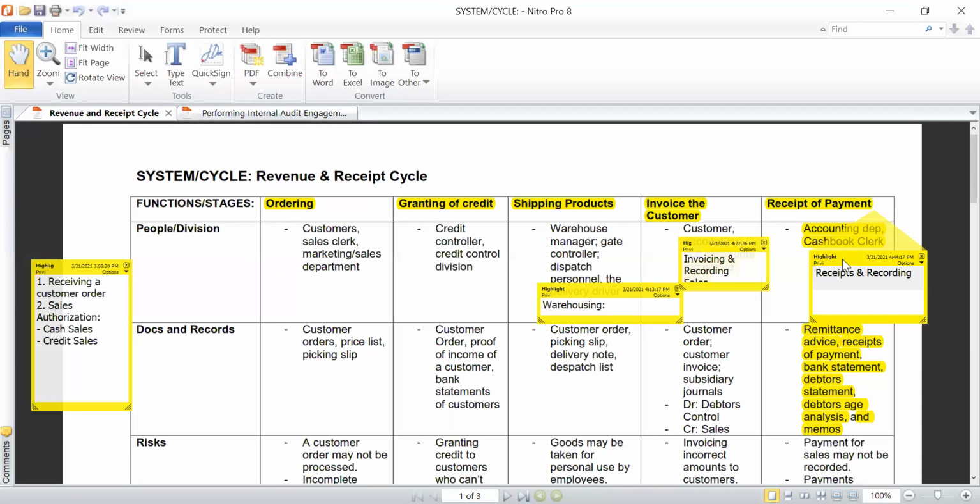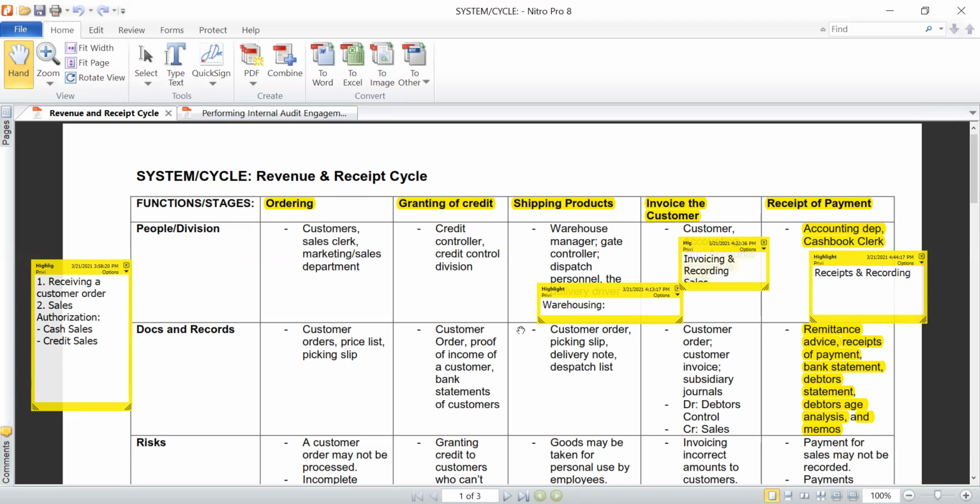You'd discover that, like any other business cycle, the revenue and receipt cycle is made up of different functions or stages, as we'd call them. There are several stages, as you can see displayed on your screen, that are performed when you are following the revenue and receipt cycle.